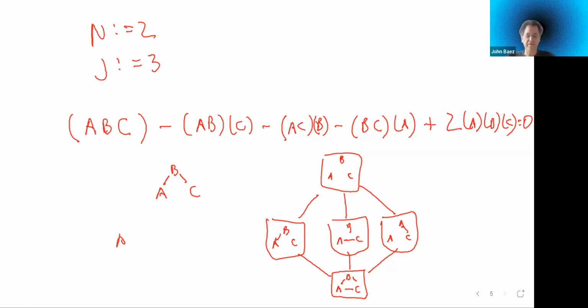So you're building up maps from the third tensor power of a Frobenius algebra to itself. Something like that. I mean, this is built using multiplication and the co-unit.